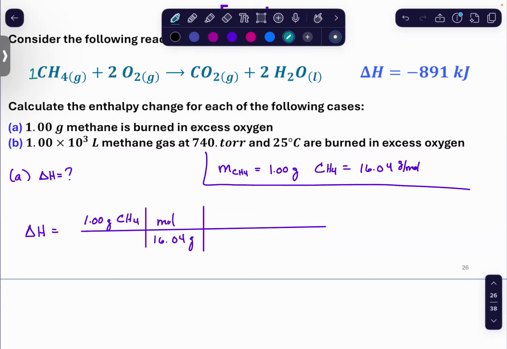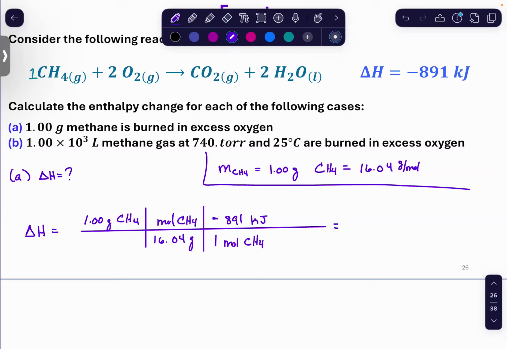So here's how you use it. For every 1 mole CH4, so there's my coefficient, I get negative 891 kilojoules of energy.